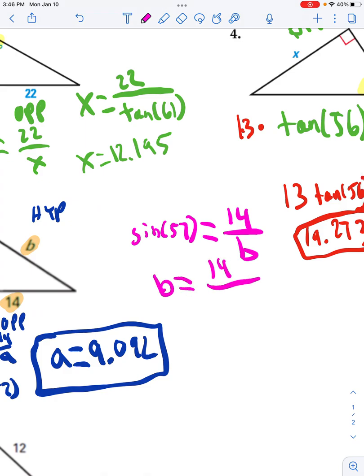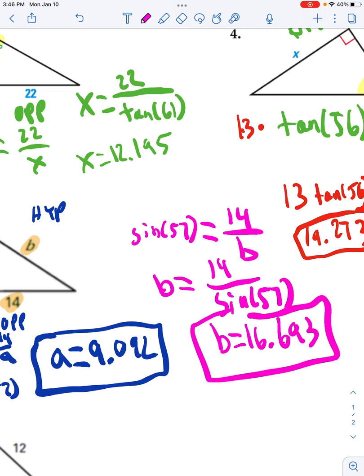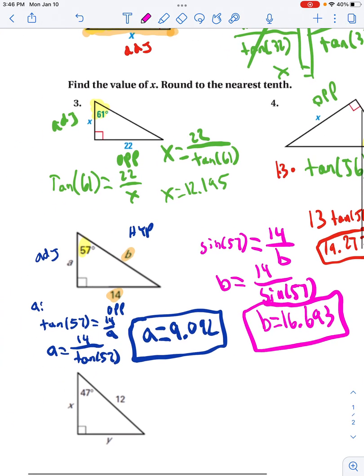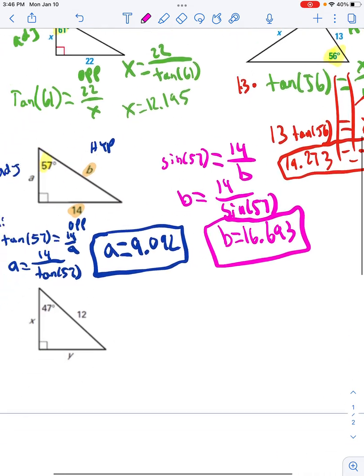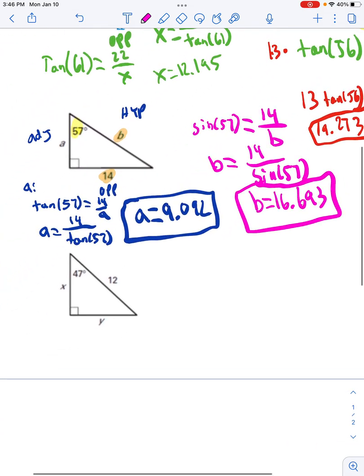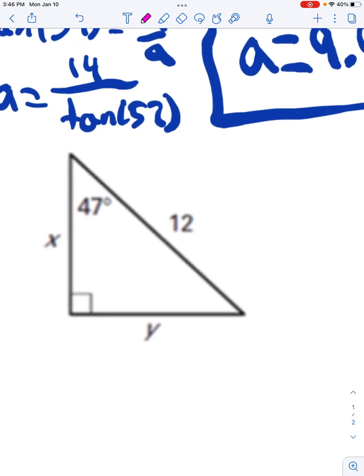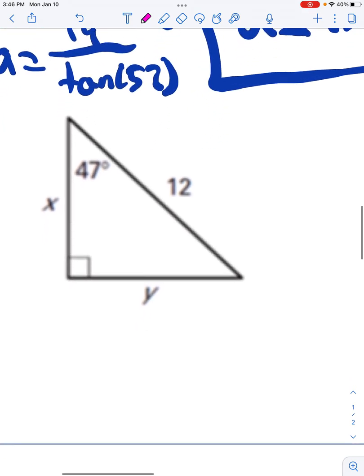After I multiply by B and divide by sine, I get 14 over sine 57. 14 divided by sine 57 is 16.693. So using what you know, you can choose the correct trig ratio: tangent for A, sine for B.